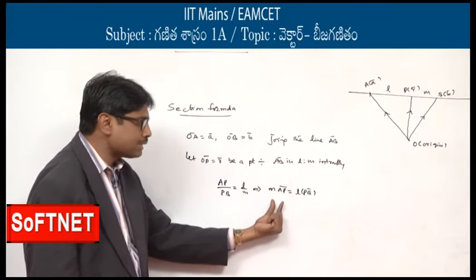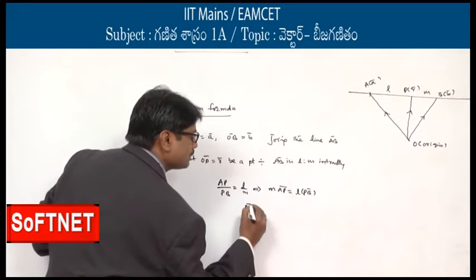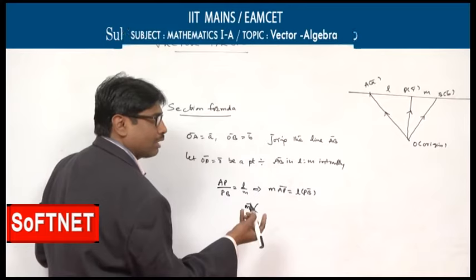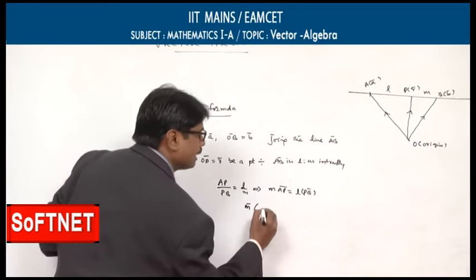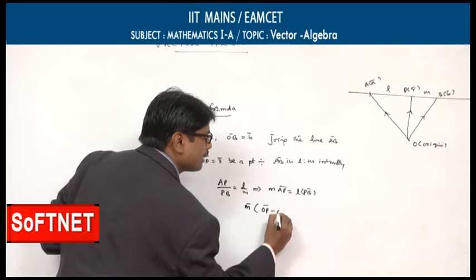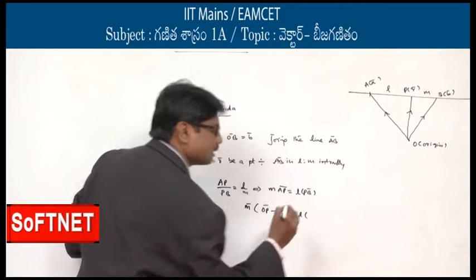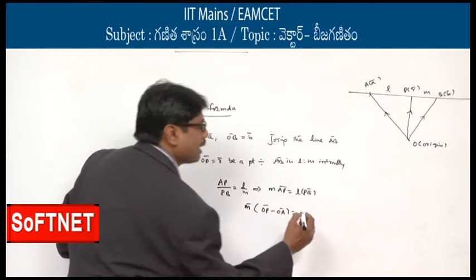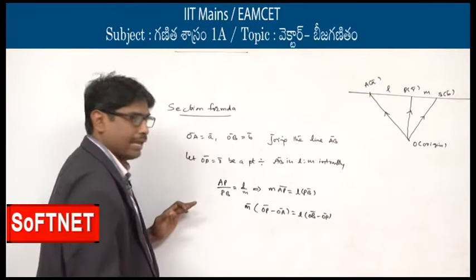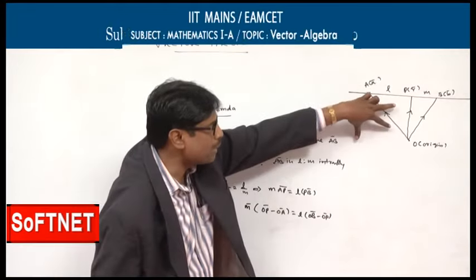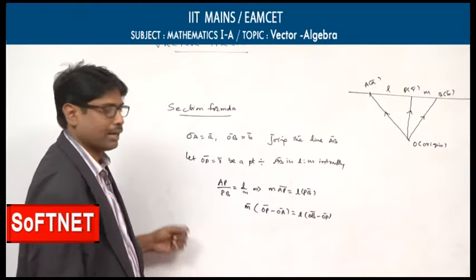Now we express AP bar and PB bar as position vectors. According to the last class, AP bar can be written as OP bar minus OA bar, and PB bar can be written as OB bar minus OP bar. Our aim is to express OP bar in terms of L, M, A bar and B bar.